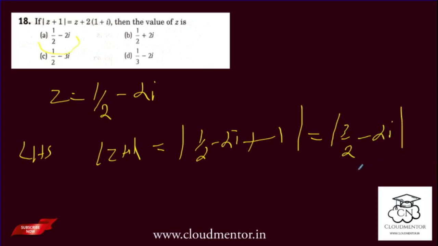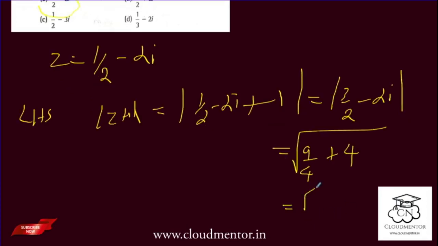This is a number in the form a plus ib, so taking modulus we can write root of a square, that is 9 by 4 (3 square by 2 square), plus 2 square, that is 4. That is root of 25 by 2, which equals 5 by 2.